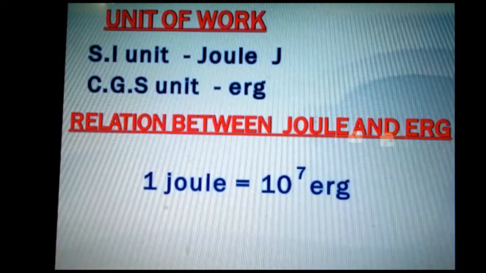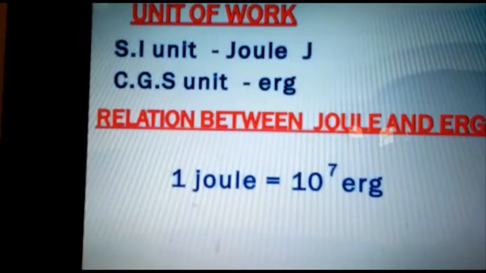If you find the relation between joule and erg by the process of conversion, you can find that 1 joule is equal to 10 to the power 7 erg. So 1 joule of work is said to be done when a force of 1 Newton displaces a body through a distance of 1 meter in its own direction.